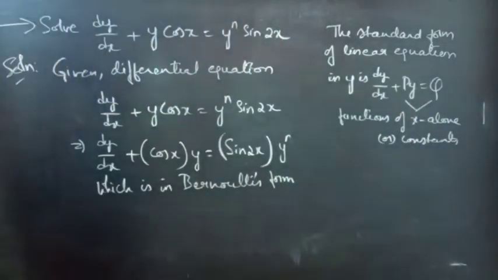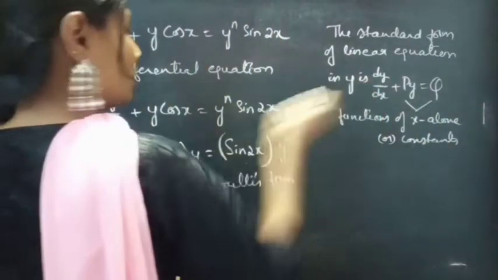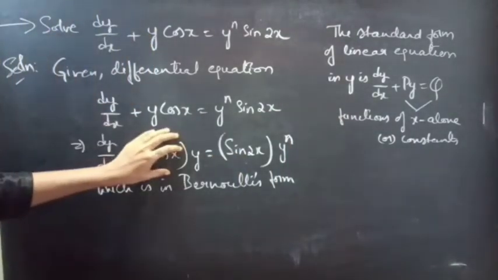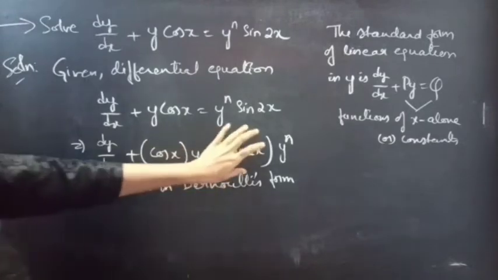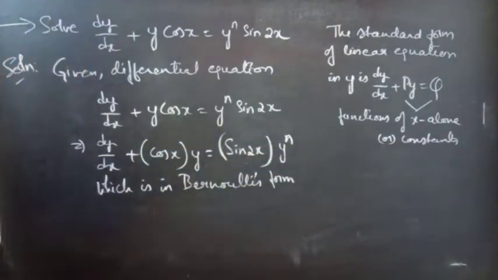Now, compare this Bernoulli's equation with linear form. You'll have dy by dx plus function of x or a constant into y equals function of x or a constant into y power n here, right?